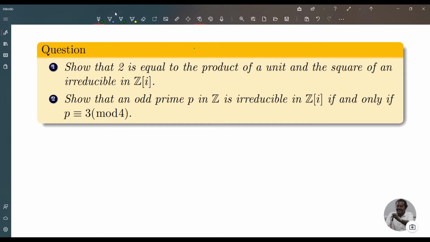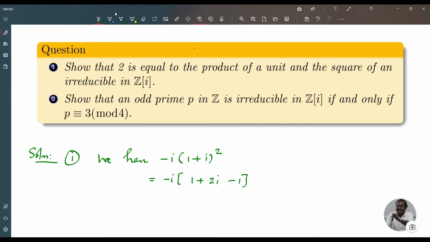We have minus i times (1 plus i) the whole square. This is equal to minus i times (1 plus 2i minus 1).